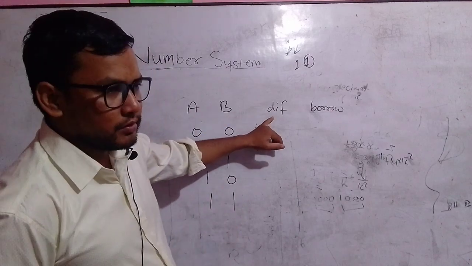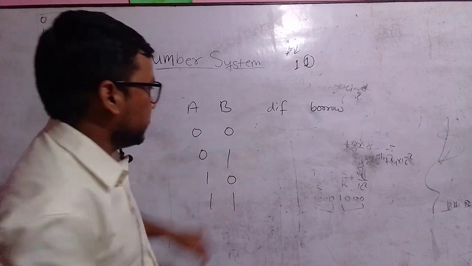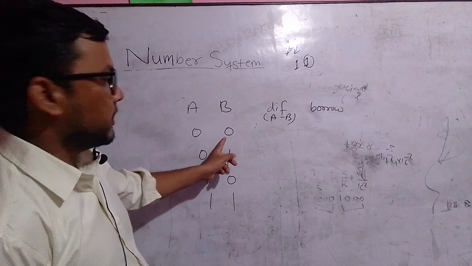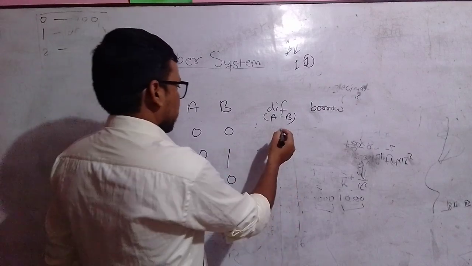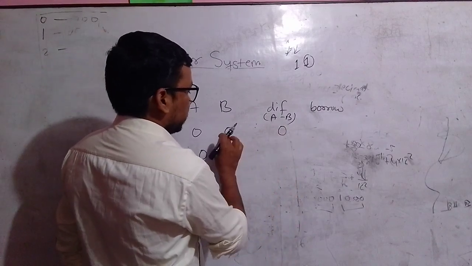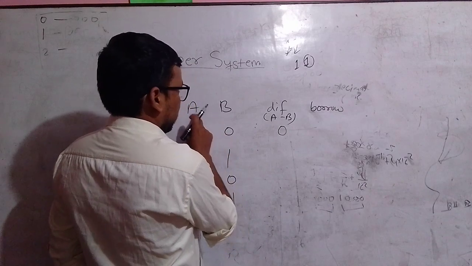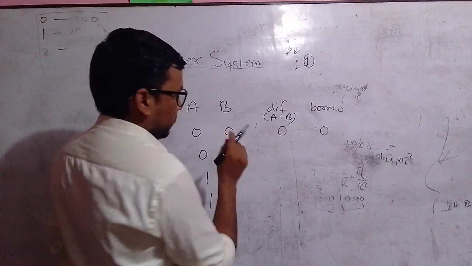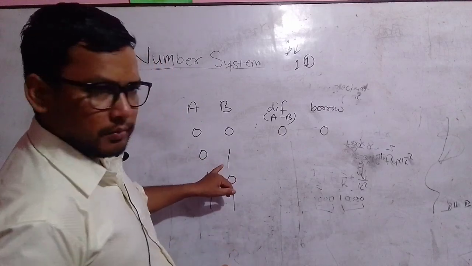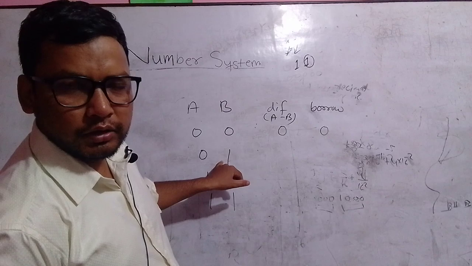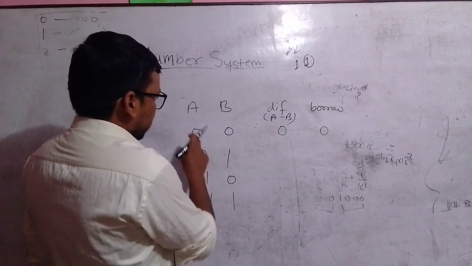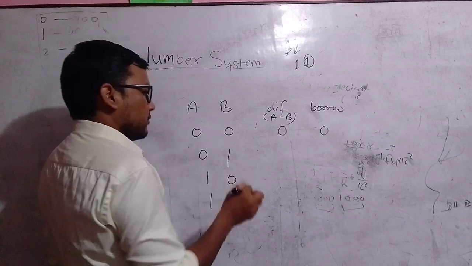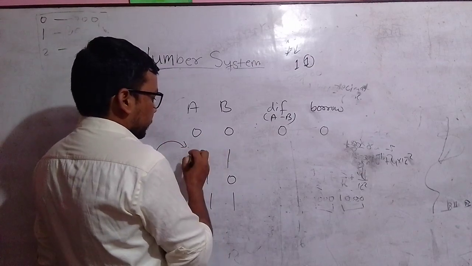Now the difference means let's perform the A minus B operation here. 0 minus 0, it gives the result 0. Does it need a borrow from another position? No. 0 minus 1, is it possible to subtract? No, not possible. So A takes one borrow from another number and it becomes 10.